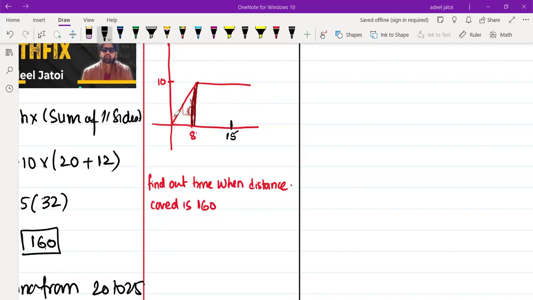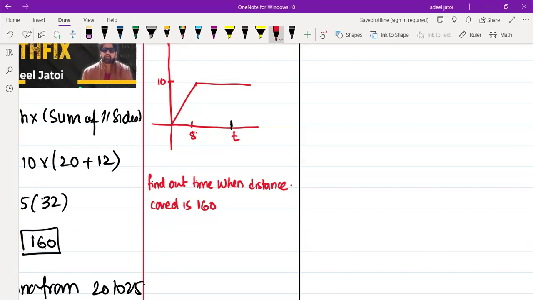That means your distance will be covered in the next part after the triangle, which is the trapezium. Whether it is before or after 15 does not really matter, because it will be marked as t either way. So we should remove this from our mind, even if there is some value given here. Let's just work with the value as t.